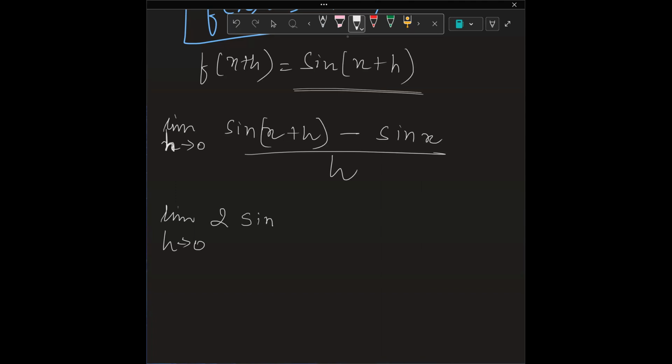I'm asking about the sine formula: sin a minus sin b. Isn't it sin of (a minus b) by 2 and cos of (a plus b) by 2? Yes, sir.